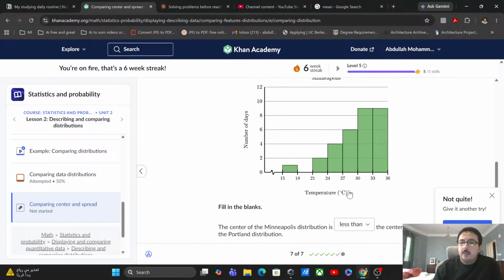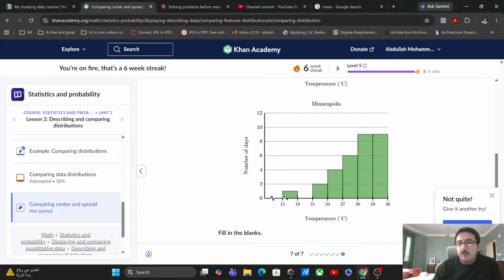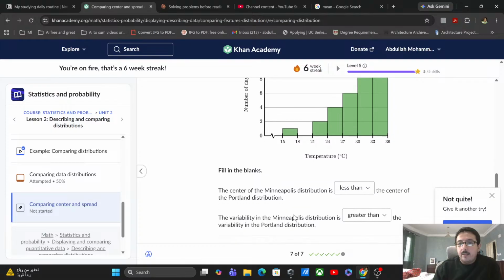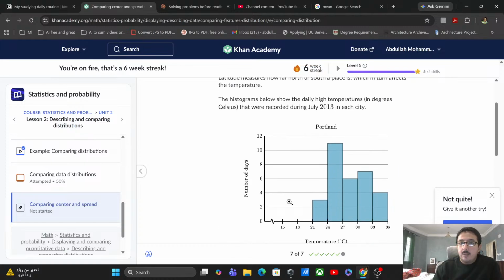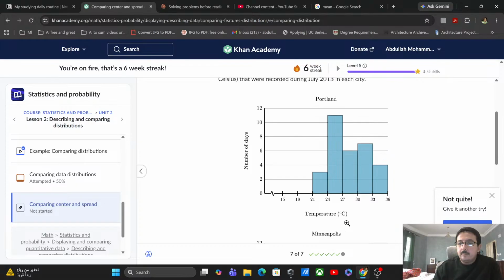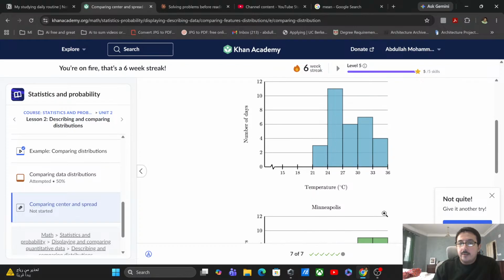The center, I got 21, 36. The center must be here, somewhere 27. Here I got 15 and 36. What are we talking? The variability, I got 15 to 36. So this is greater. The center of Portland, I said the center must be larger. Here 15 to 36. Got no other answer than this.